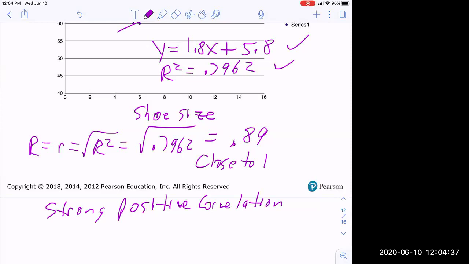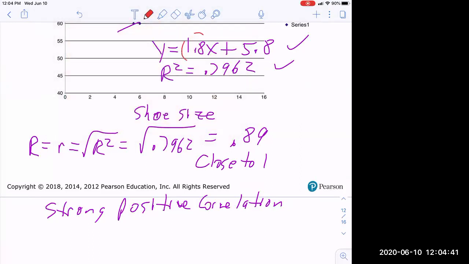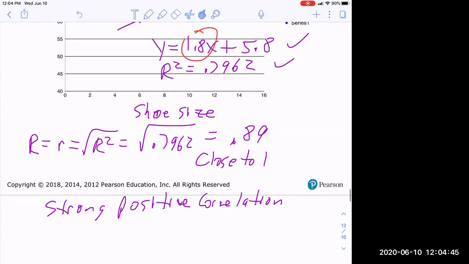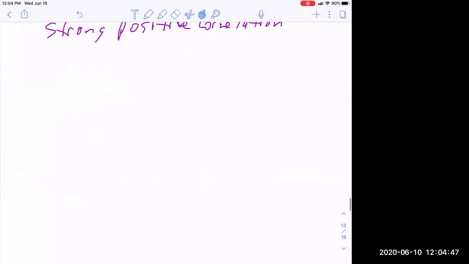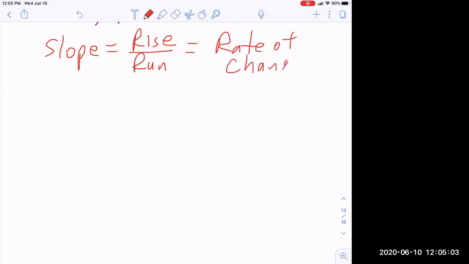Okay, now I want to look at the slope of the line. That's the next big thing. Okay, quick review of slope. Everyone probably thinks, oh, it's rise over run. Well, it's also the rate of change. And that's what I'm concerned with.